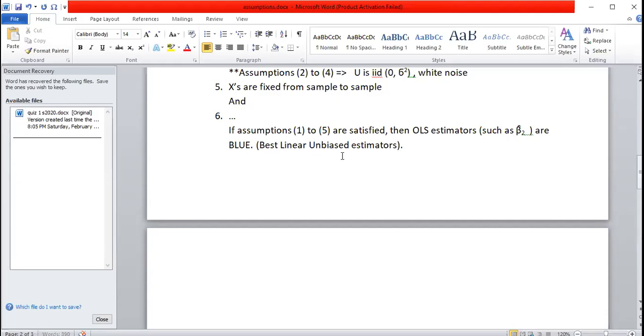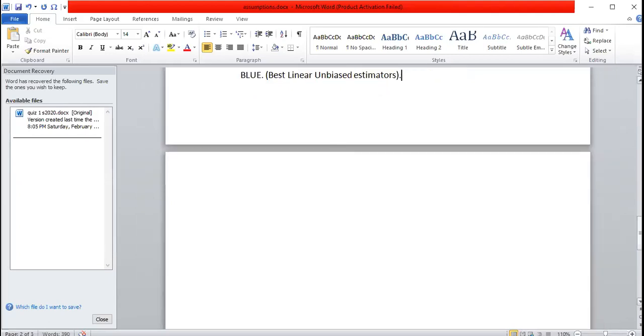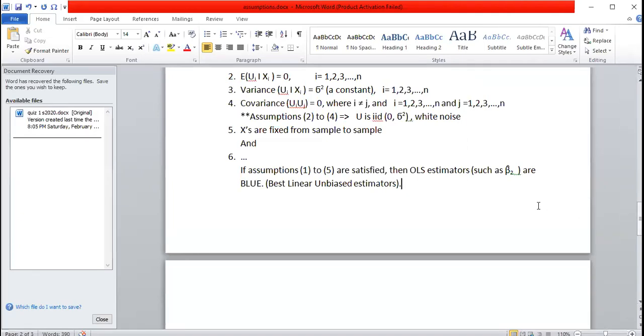So it's basically saying it is the best among all linear unbiased estimators. Best among all linear unbiased estimators, which are good properties, and one by one we will try to explain.